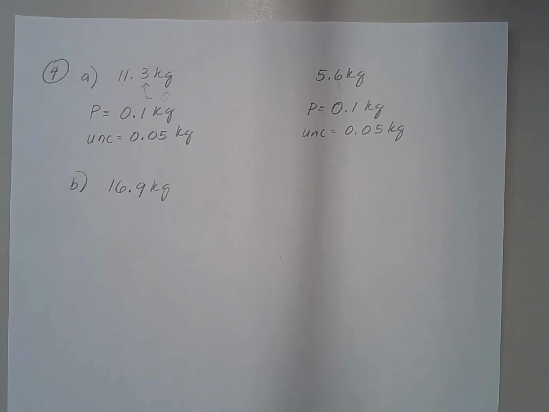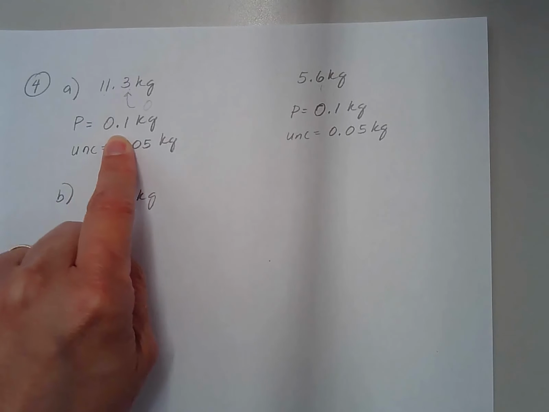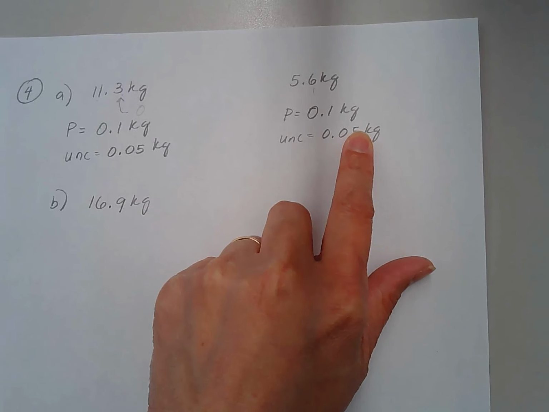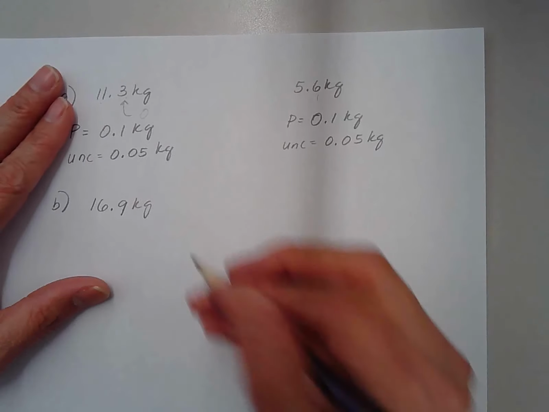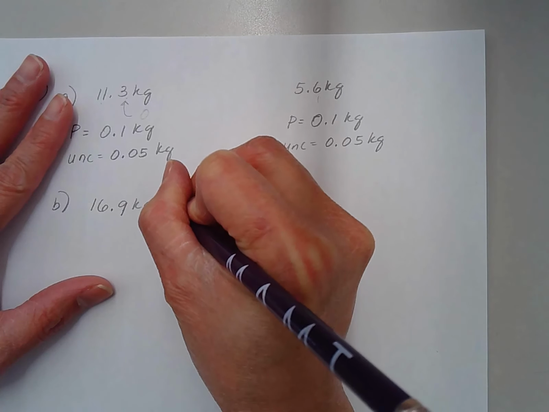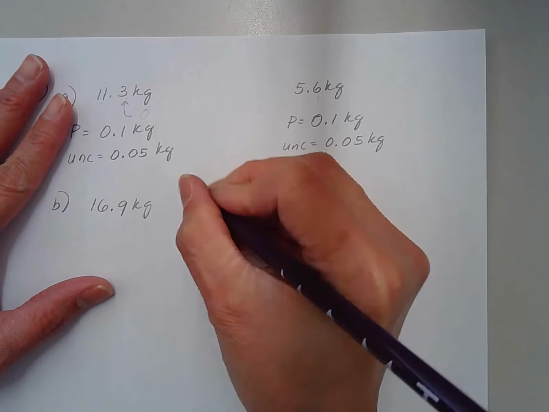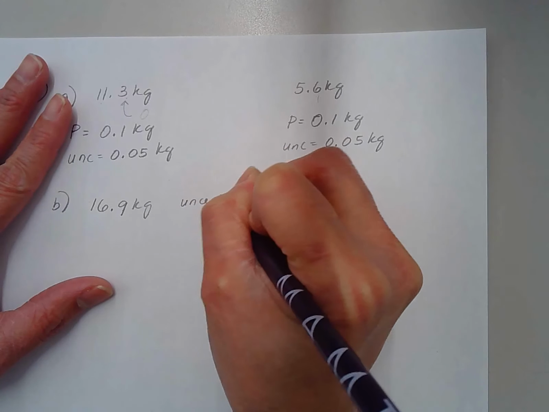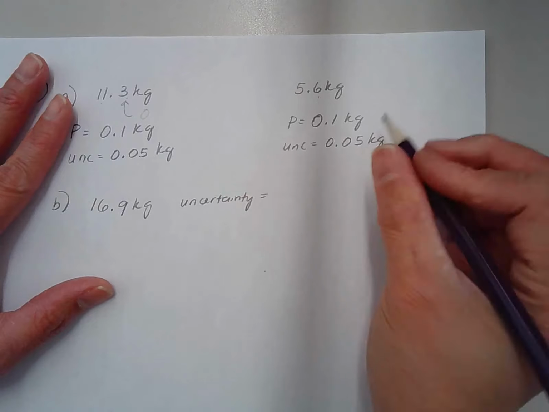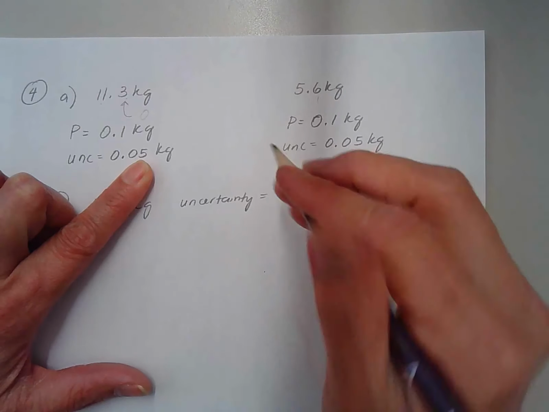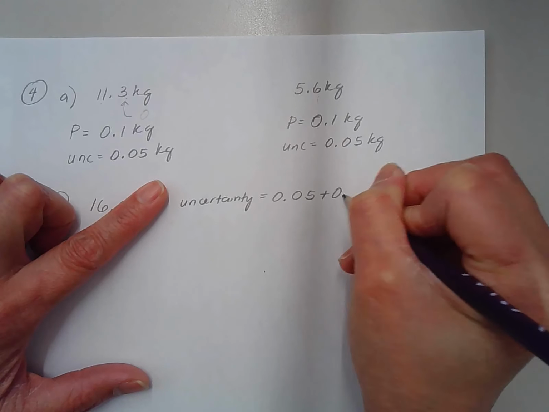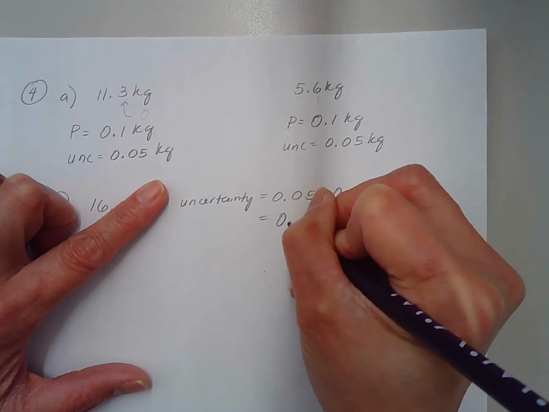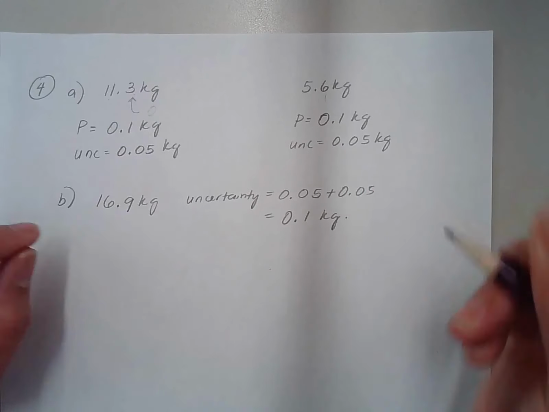Now we are supposed to write down the total uncertainty. Well, we have uncertainty in this first item. We have uncertainty in this second item. So together we can combine the uncertainty. So combined uncertainty would be 0.05 and another 0.05, so 0.1 kilogram.